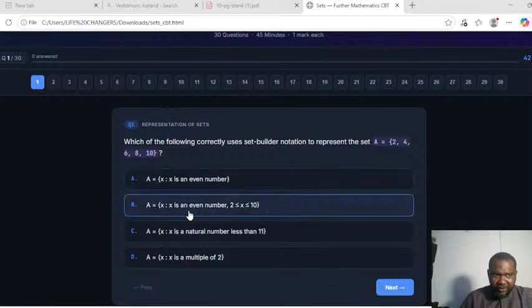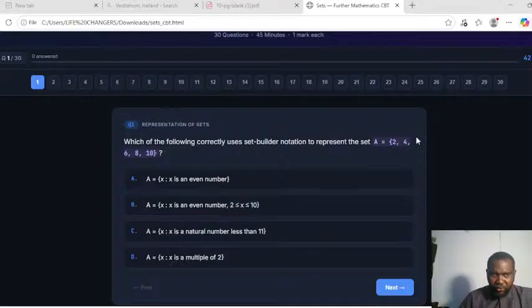B says X is an even number, but X must be between 2 and 10, and 2 is inclusive, 10 is inclusive. That means you can include 2 and you can also include 10. So 2, 4, 6, 8, 10. I think B is the correct answer. C says A is X such that X is a natural number less than 11.